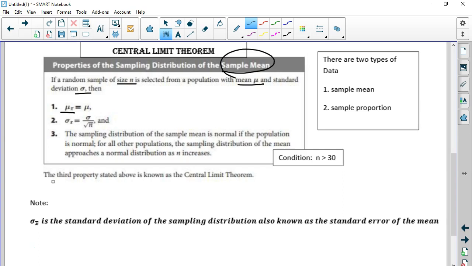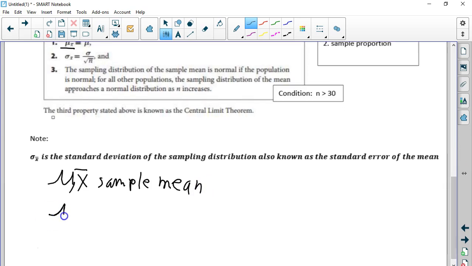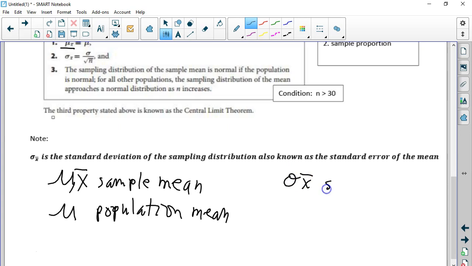So we're going to summarize down here. This funky U X bar is the sample mean, as opposed to just our funky U, which is the population mean. We're also going to refer to the X over it as a sample standard deviation, which we talked about on our calculator.